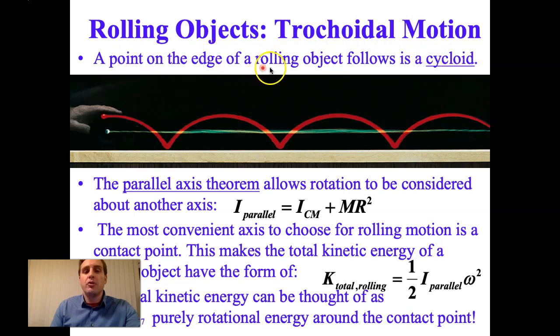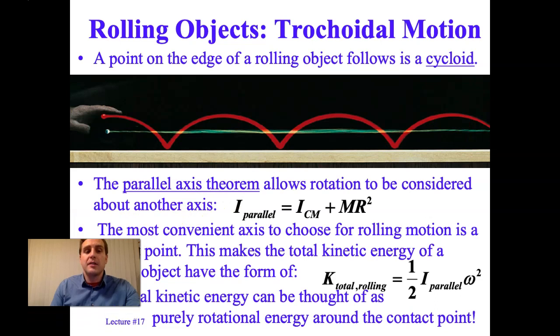And trochoidal motion actually sketches out an interesting shape, an interesting path, which we call a cycloid. A cycloid is a parametric curve that I'm sure you'll study at some point in your mathematics classes. Okay?